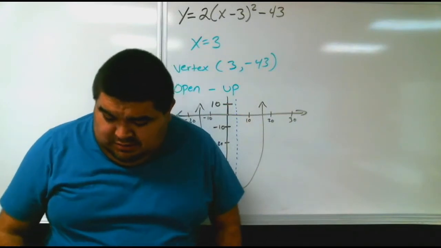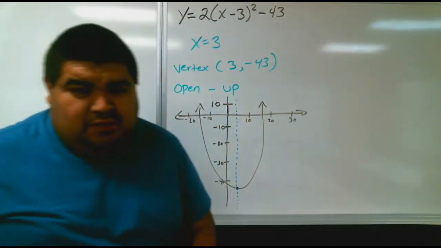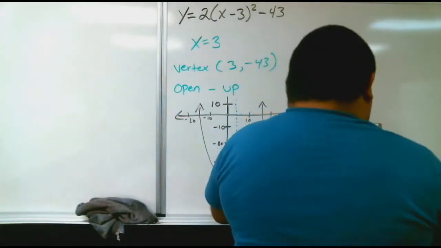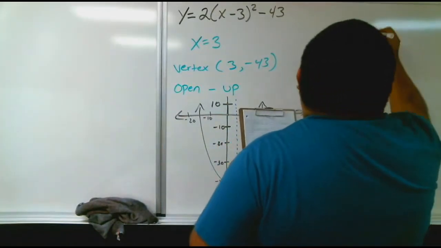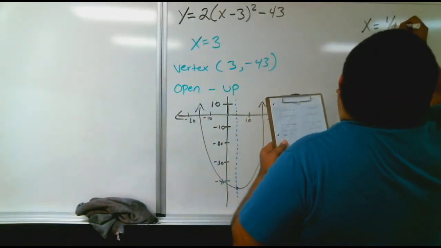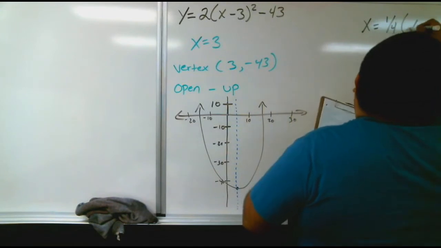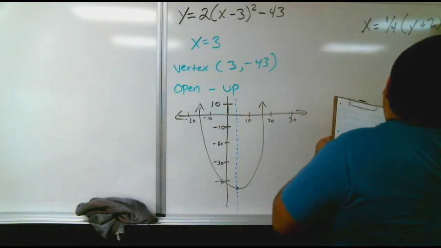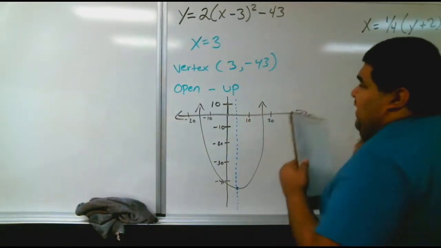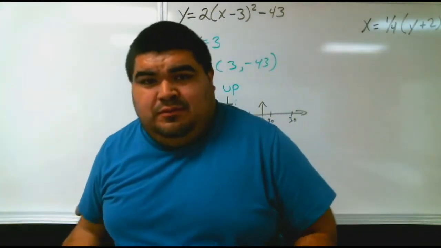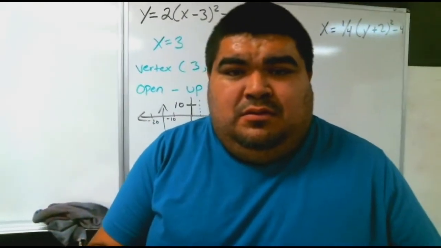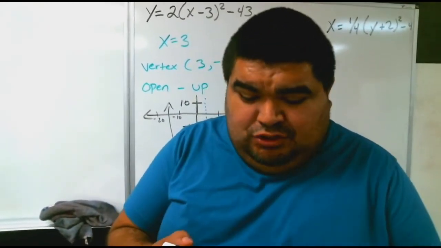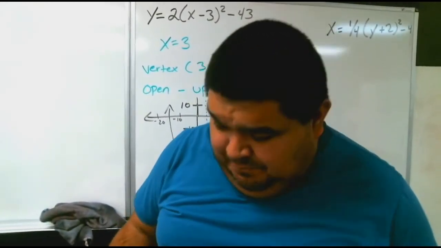Remember, I also had another one where I had x equals 1/4 (y plus 2) squared minus 4. That was the final product. Again, if you don't have these notes, make sure you go back into the previous video.